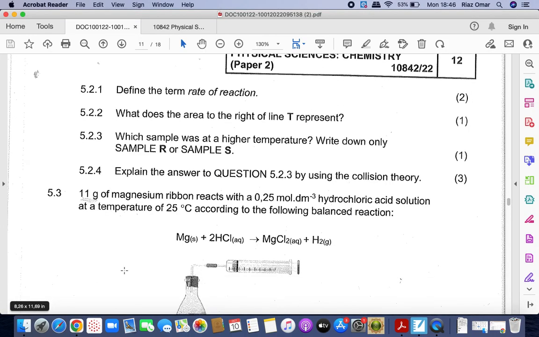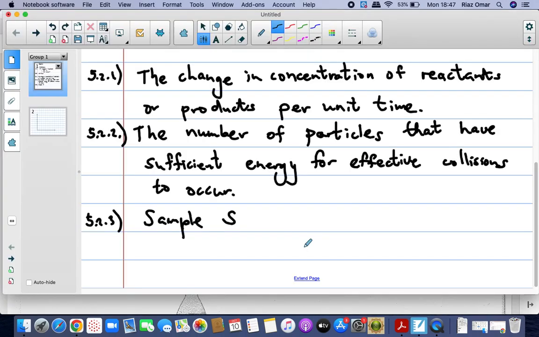5.2.4. Explain your answer to question 5.2.3 by using the collision theory. So talk about effective collisions.